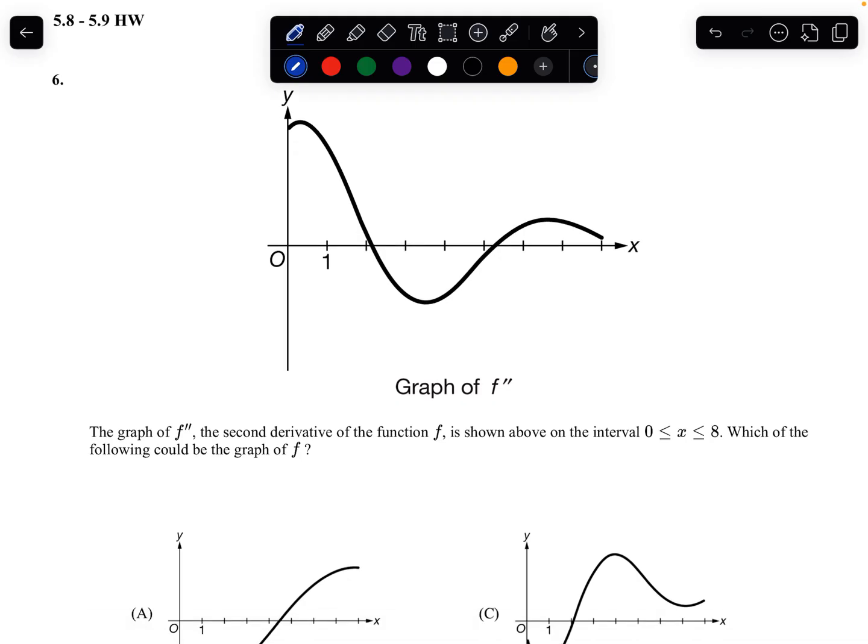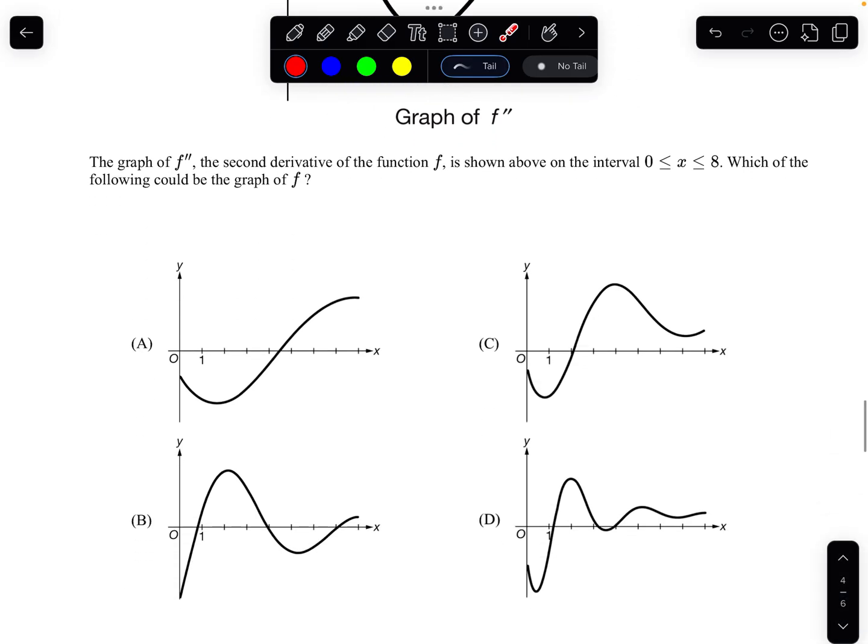So, f double prime is positive, so this tells me that f is concave up. And then it's negative, so that means it's concave down, and then concave up. All right, so I'm going to look for a graph that has slope that is increasing, then slope that is decreasing, and then slope that is increasing.